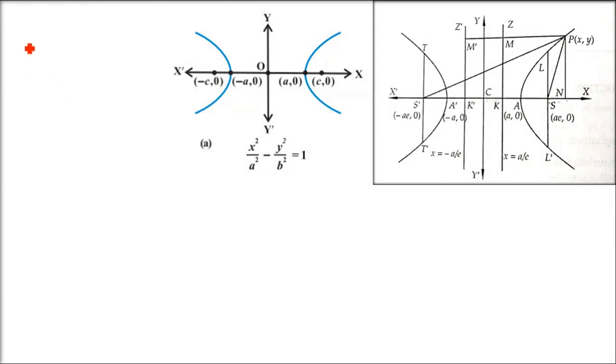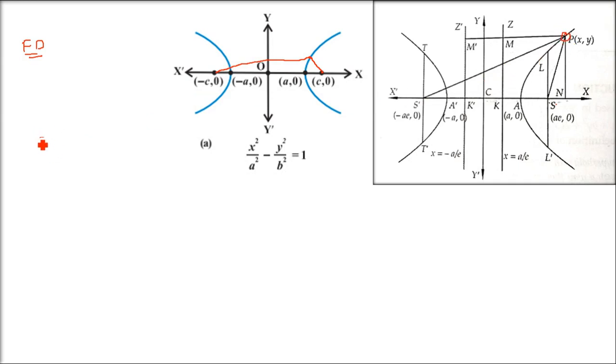Now one more thing I would like to find here is focal distances. What are the focal distances? Take any point on the hyperbola. The distance of this point from the two focus or foci is the focal distance. If I take any point P, you have S and S dash. Keep this in mind, because I am going to give you the final result.